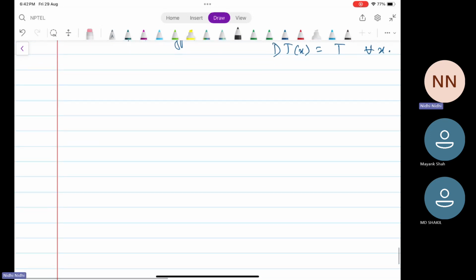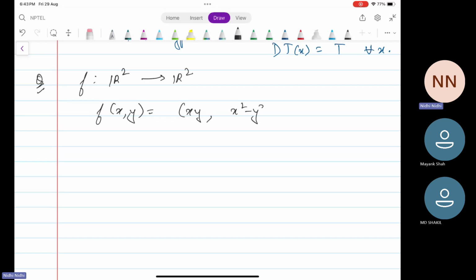So this is an example. f is a function from R2 to R2 where f(x,y) is equal to (xy, x square minus y square).